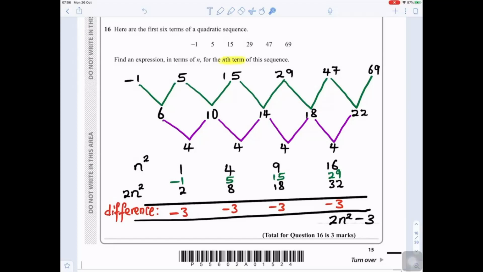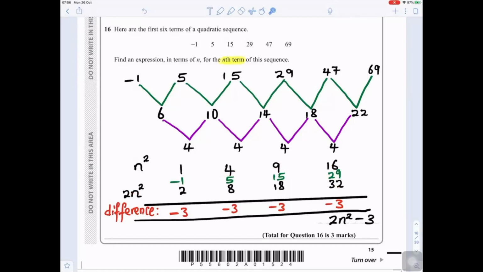Now let's look at the original sequence that we had: minus 1, 5, 15, 29. So we work out 2n squared. 2 times 1 is 2. 2 times 4 is 8. 2 times 9 is 18. 2 times 16 is 32.